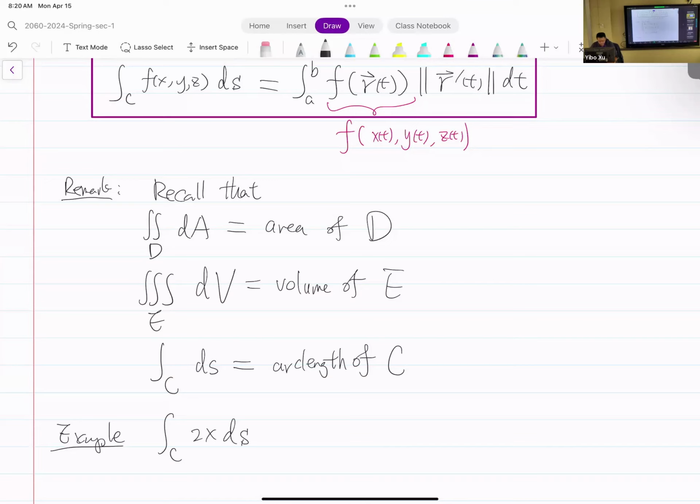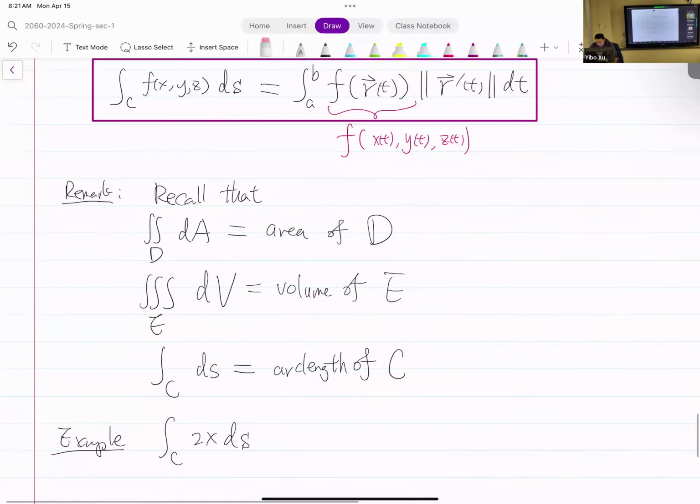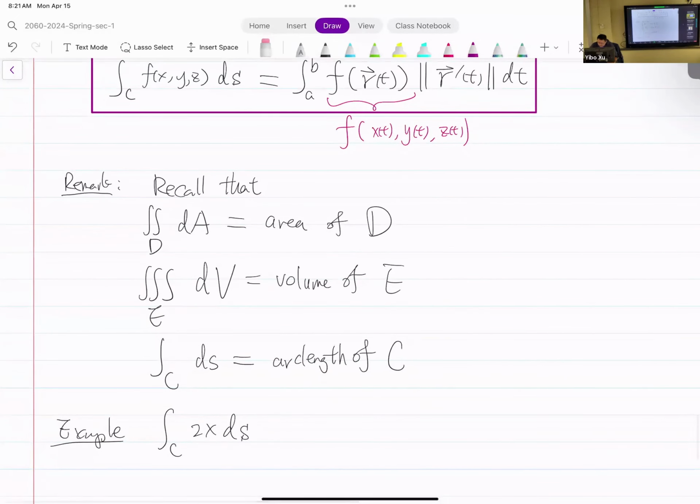So 2x is the scalar function that we're integrating. Then we need to specify the curve, and be careful about the way that you accumulate along the arc length. Of course, we don't really calculate that directly. We just use the magnitude of r prime dt, when we have the parameter t there.